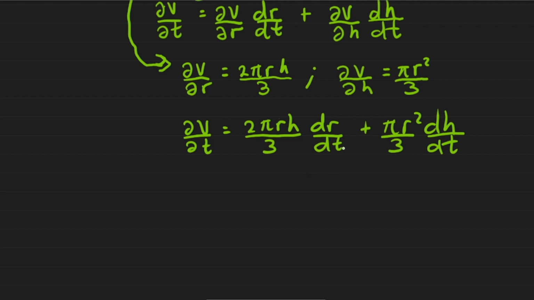So if we were to just take some numerical values, okay? Let's just say we had the rate at which the radius was changing, and also the rate at which the height was changing.